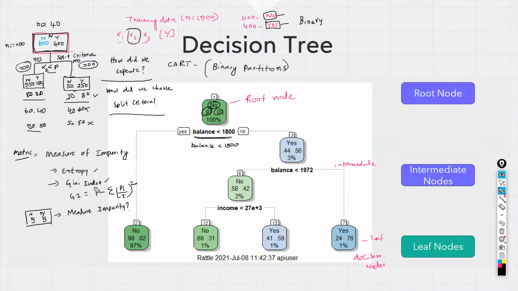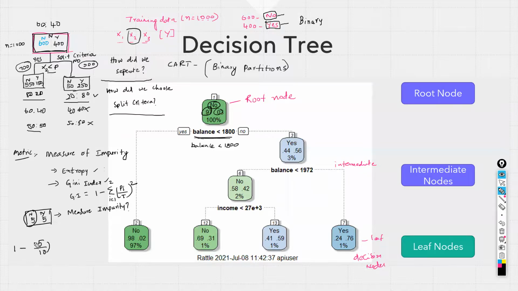Now let's put some data into it so that all of us understand very well. For this node, i is equal to 1 to 2. It's binary, so it is like 1 to 2, the number of classes. How many classes do we have? 2 here. So for the first class, 1 minus sigma. For the first class, we have 5 observations.